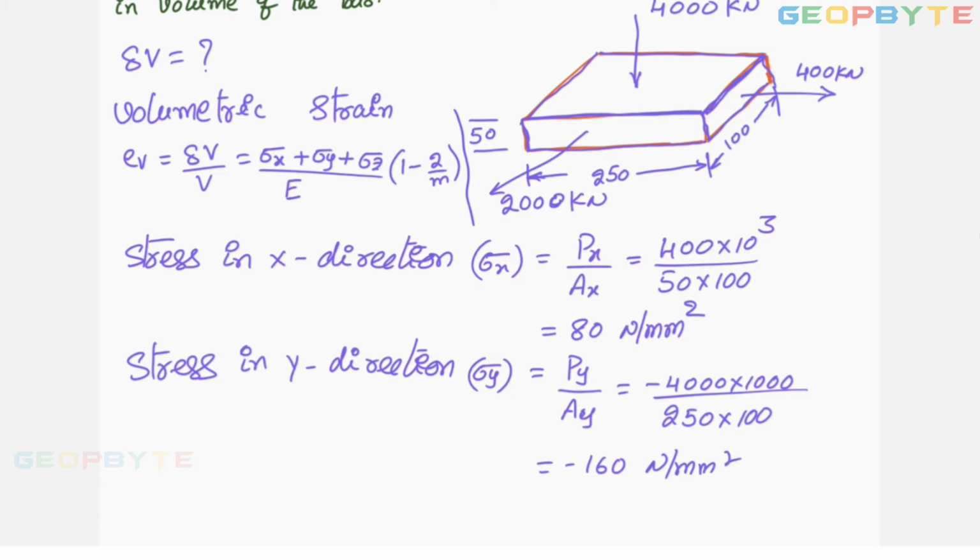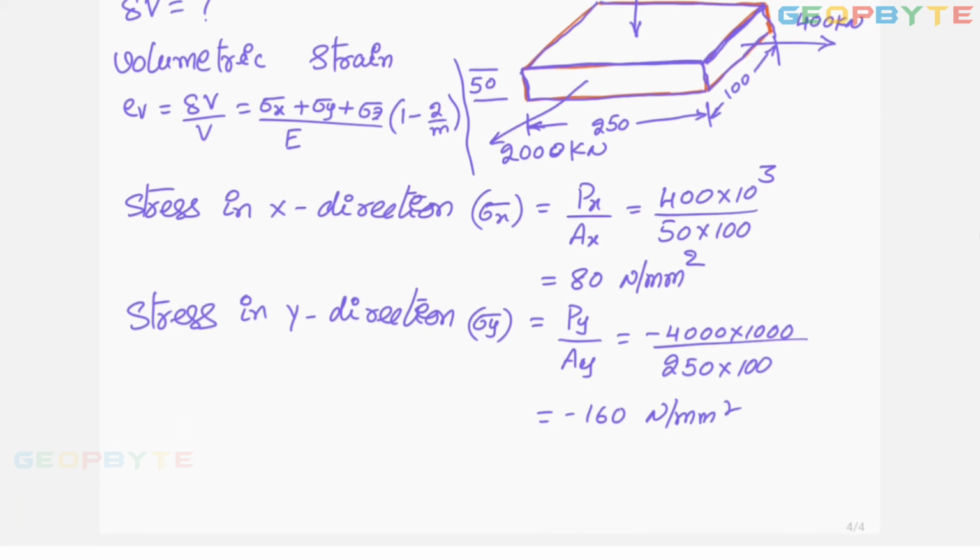Similarly, stress in z direction. Sigma z equals load in z direction by area of cross section in that direction.